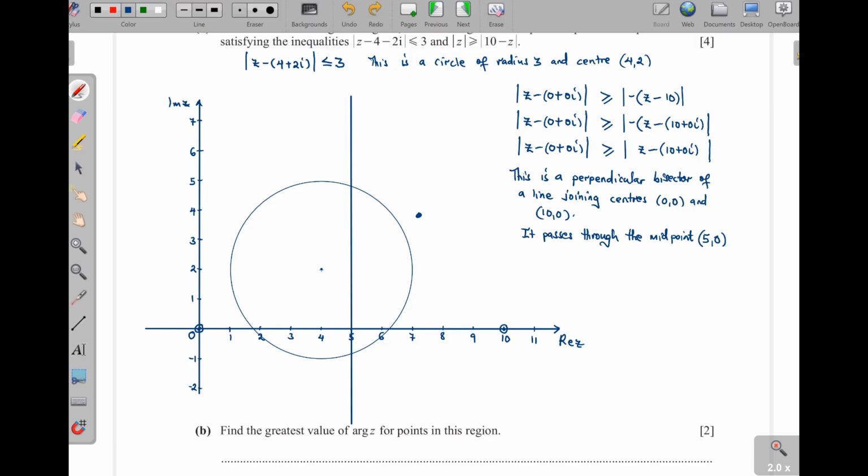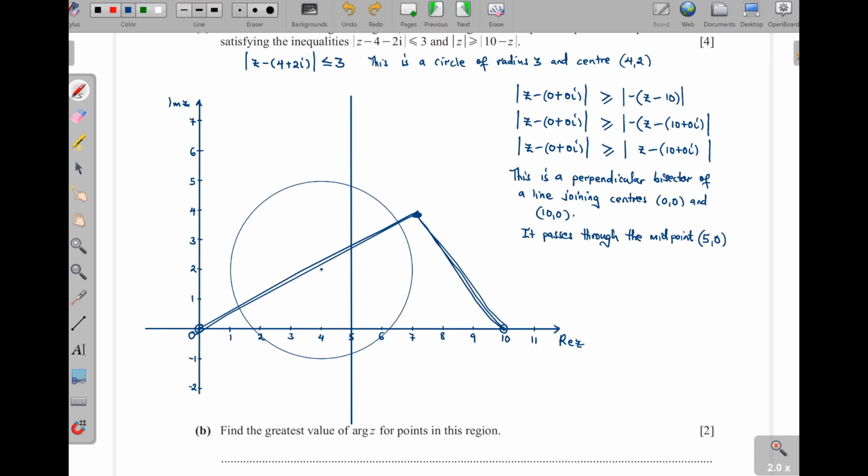In other words, its distance, this one here, is bigger than its distance from this point. And that's what this one says, that the distance of a point from this 0, 0 must be greater or equal to this way.